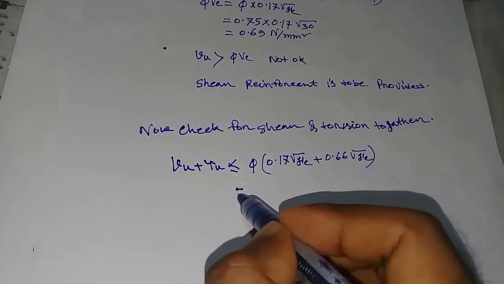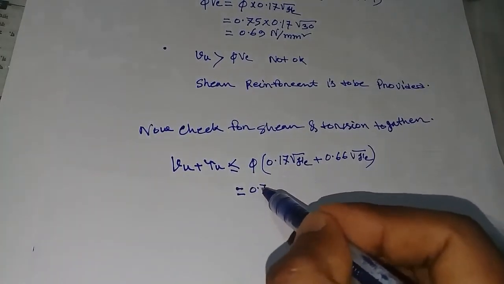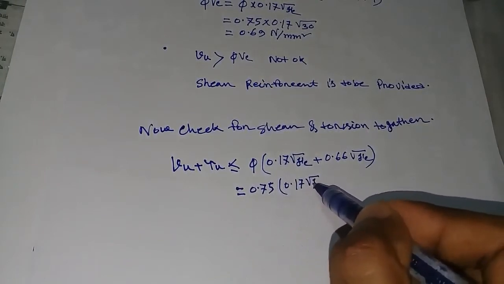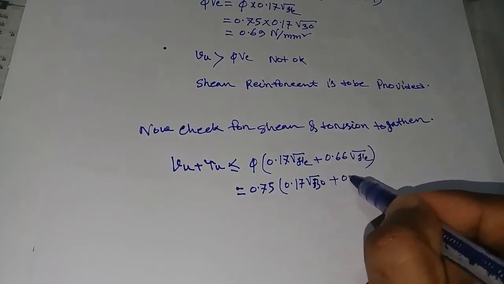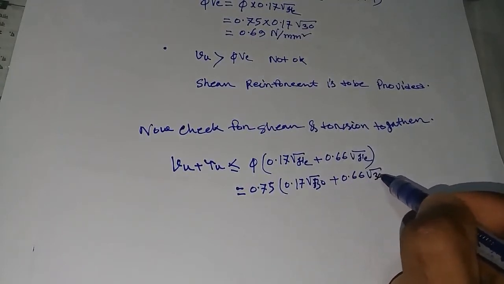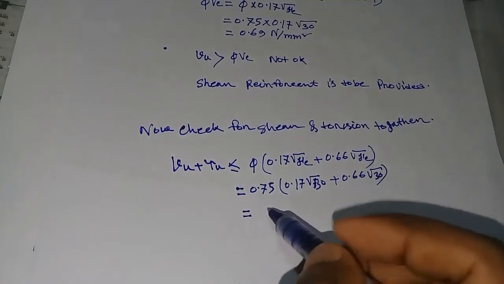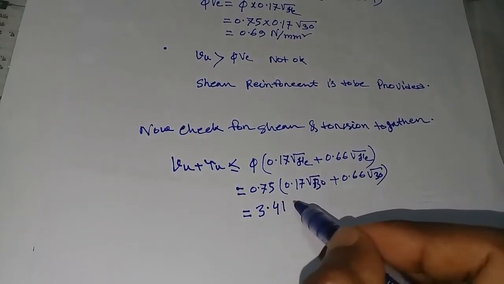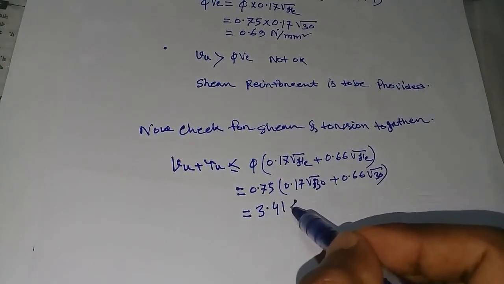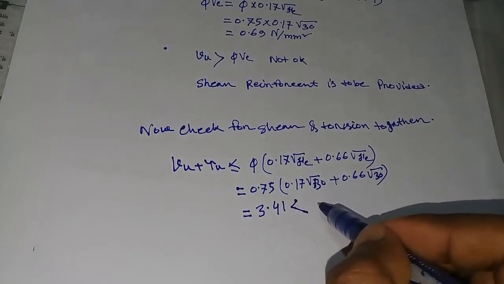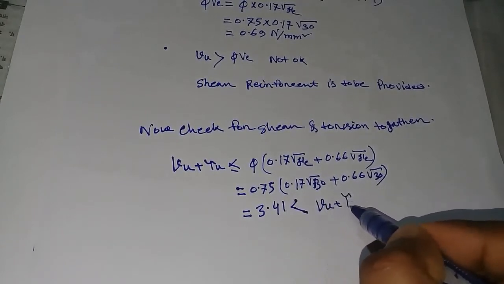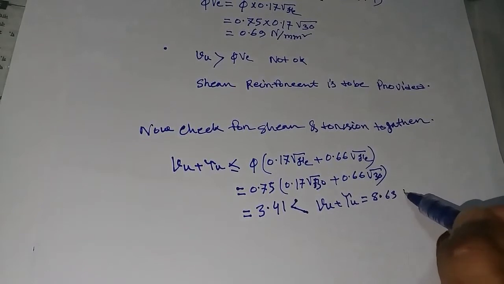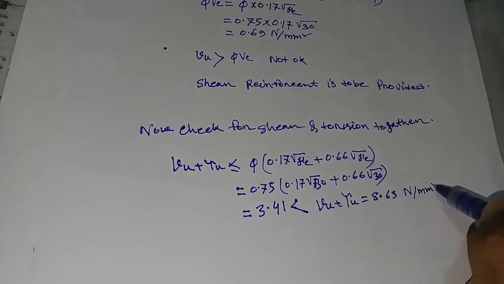So that equals 0.75 into 0.17 root 30 plus 0.66 root 30, equal to 3.41, that is less than Vu plus tau u equal to 8.63 Newton per millimeter square.